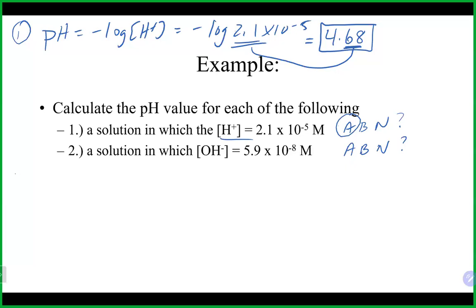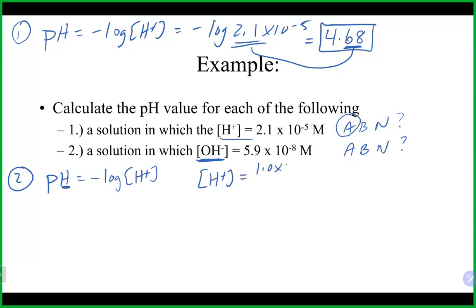Looking at the second one, we are calculating the pH, which is minus the log of the H plus concentration. As I mentioned before, it tells you what you need, but in this case, we do not have the H plus concentration. We do have the OH minus concentration. So perhaps one approach here would be to use KW like we did previously to get the H plus concentration. If you do that, 1 times 10 to the minus 14 divided by 5.9 times 10 to the minus 8 is going to give you 1.7 times 10 to the minus 7 molar.